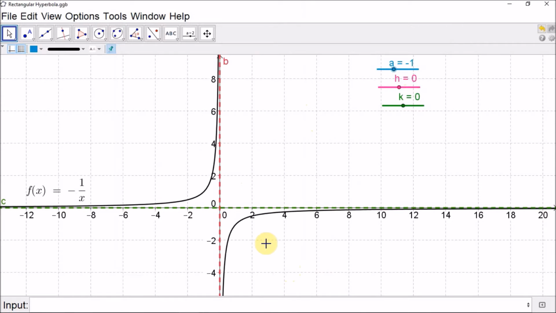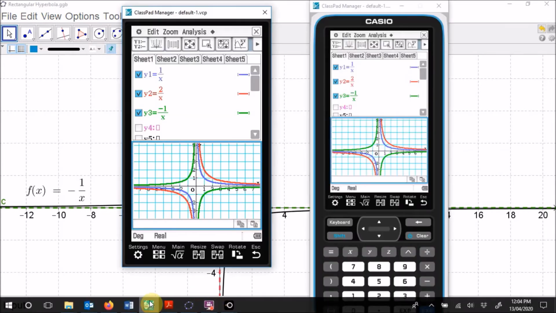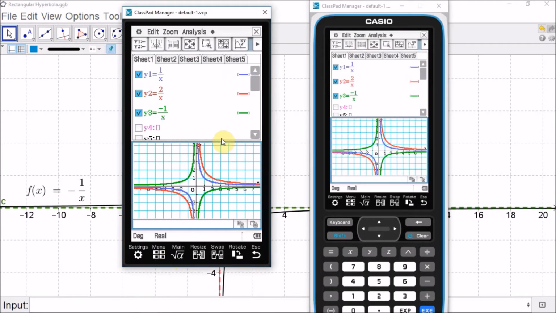And so it's reflected in the x-axis. If you go back to here, for a rectangular hyperbola, a reflection in the x-axis and a reflection in the y-axis looks the same.